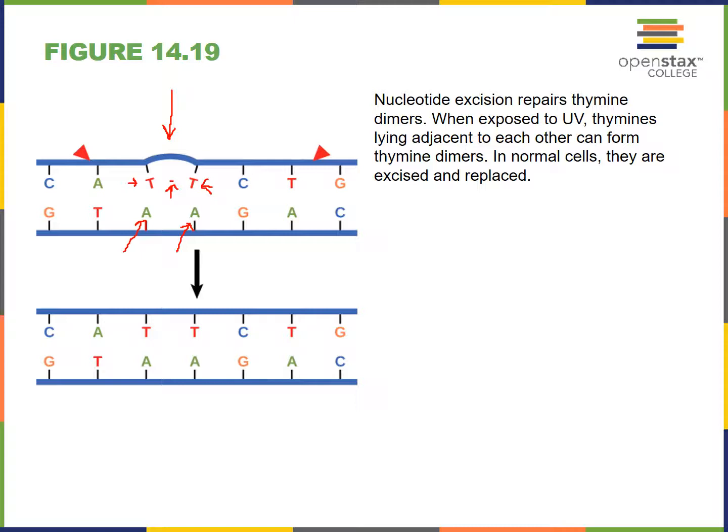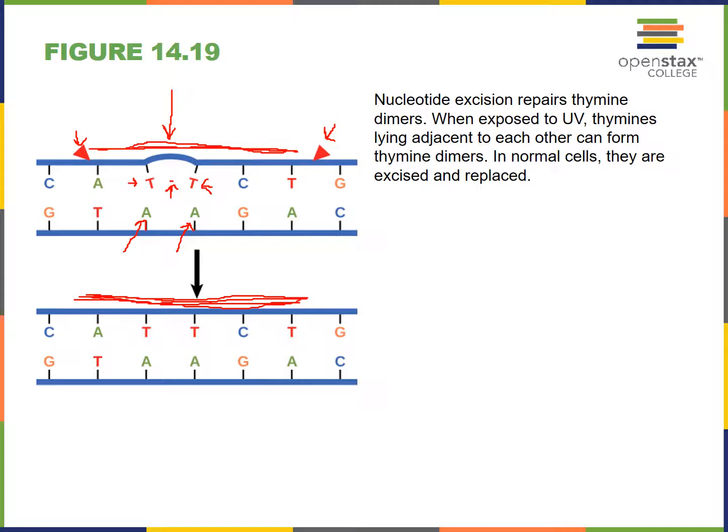So the way these thymine dimers are repaired is by nucleotide excision. So these red arrows here show where the enzymes would cut the sugar phosphate backbone. It would take out this whole section of DNA from cut to cut. And then they would come in and use the opposite side as a template to build a new little DNA patch from here to here.